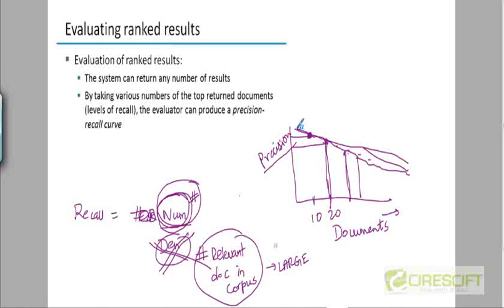So we don't need to measure the recall separately here, because just by computing the precision, we know that if the precision of one search engine is higher than the other for the top 20 documents, then the recall will also be high. Is that clear?